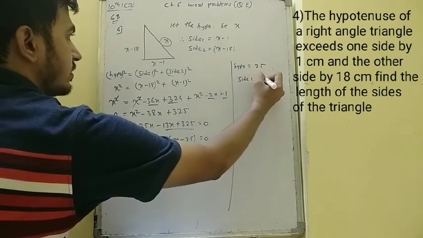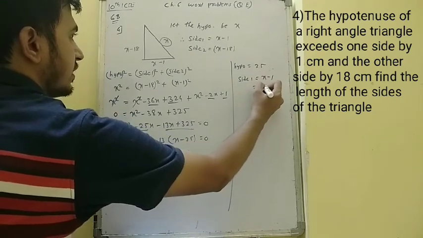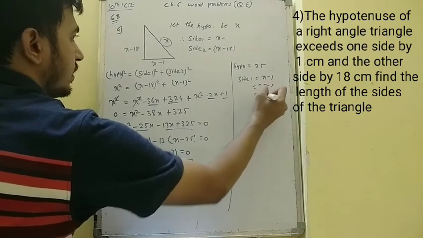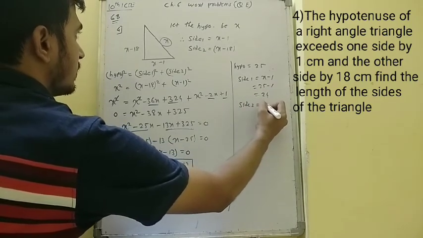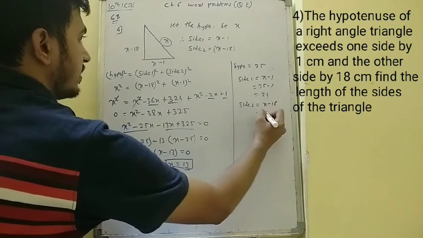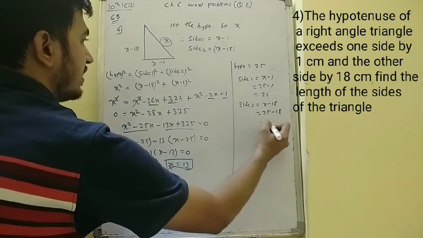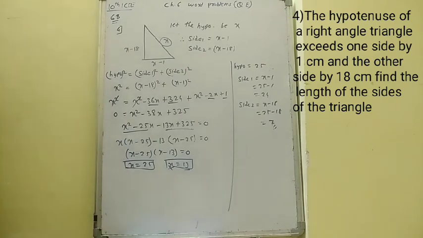Side 1 is x minus 1, that is 25 minus 1, 24, and side 2 is x minus 18, that is 25 minus 18, that is 7. The sides of the triangle are 25, 24 and 7. Okay.